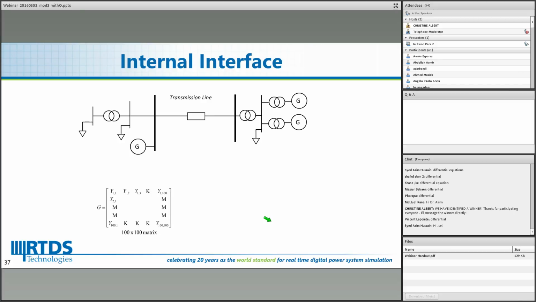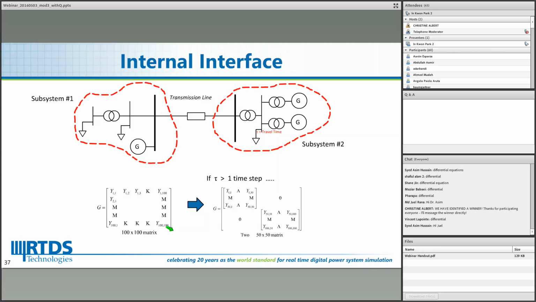The requirement of the line model is that it should be longer than your simulation time step. So in mathematical terms, by applying the technique, we can make the entire one G matrix into several smaller G matrices. Then the calculation time would be less than dealing with this one big G matrix.